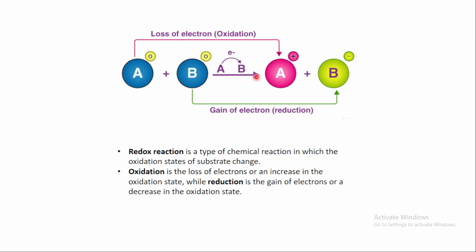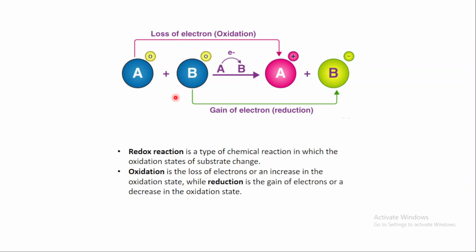Again, I want to reinforce this concept in your mind. Oxidation is always loss of electrons or an increase in the oxidation state. When the element loses an electron, the oxidation number will increase by +1 or +2. That process is called oxidation. While reduction is the gain of electrons, or a decrease in oxidation state, as we see here in element B. These are the two basic concepts you need to keep in mind while calculating the oxidation number of an element in a compound, or identifying which is an oxidation reaction and which is a reduction reaction.